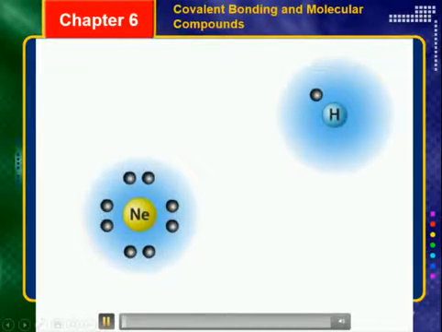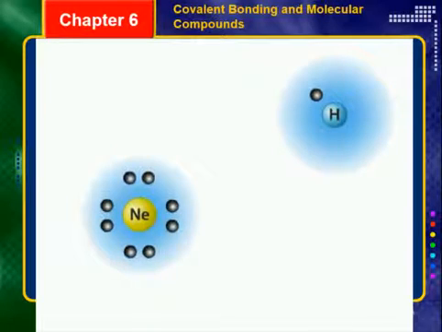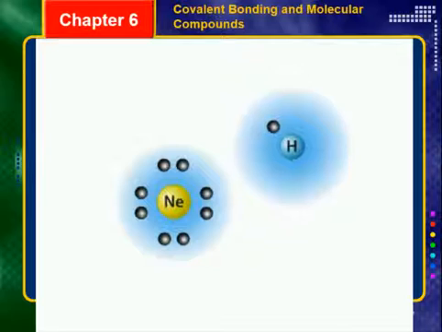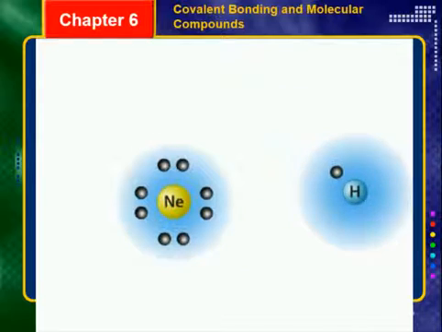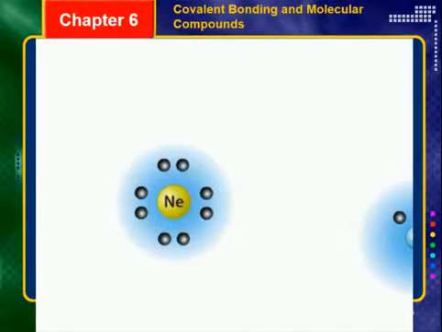The noble gas atoms are the only ones that exist readily in an isolated state in nature. The outer s and p orbitals of these elements are completely filled with electrons, 8 in most cases and 2 in the case of helium. As a result, these atoms have low potential energies and stable electron configurations.